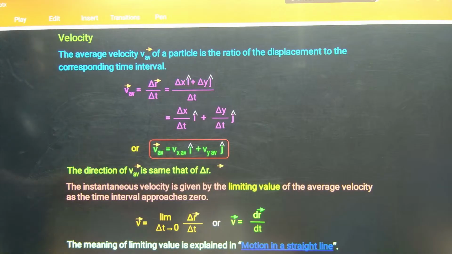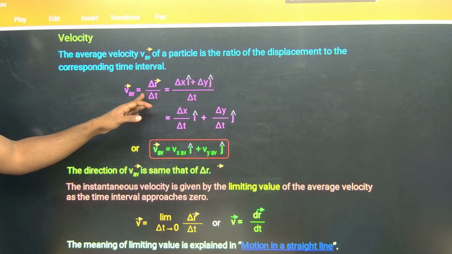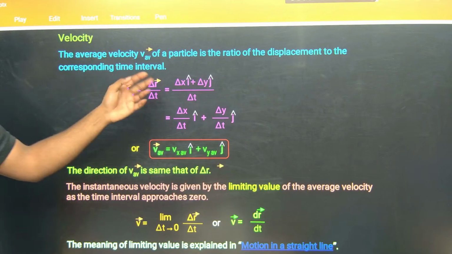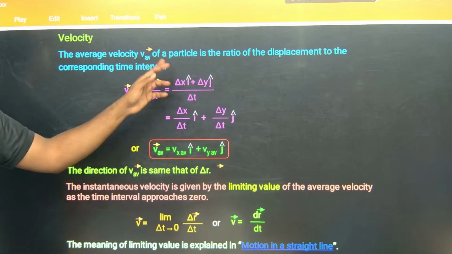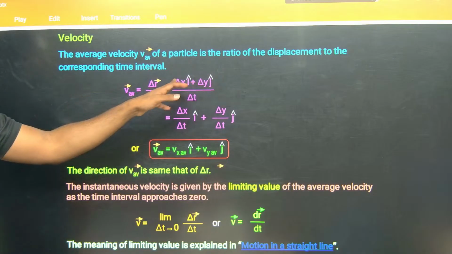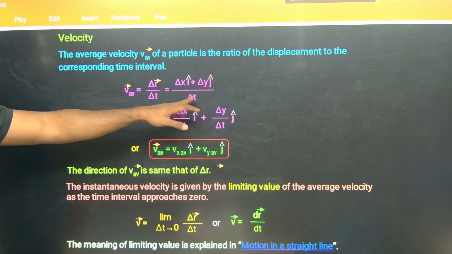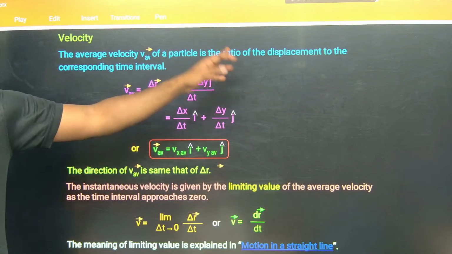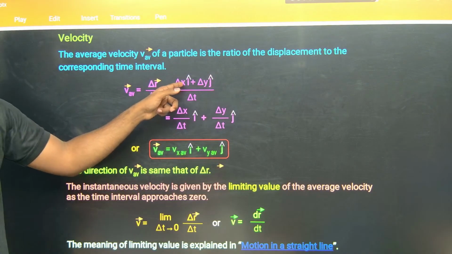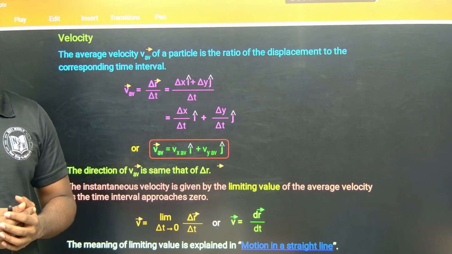So here V average is change in displacement by change in time. We have seen that change in displacement in the previous slide: delta x i plus delta y j by delta t. So delta t is nothing but t dash minus t. Here delta x is nothing but x dash minus x and delta y is nothing but y dash minus y.